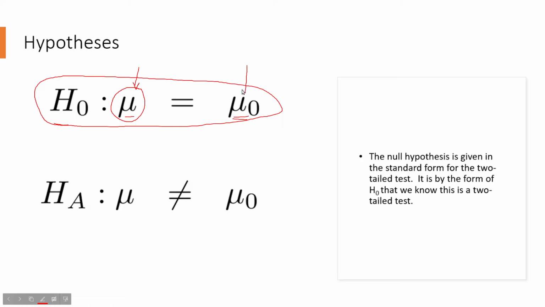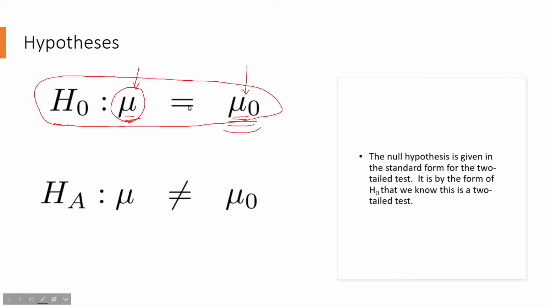This mu naught is a stand-in for a particular literal value. When you write this down, this will be a 4, a 12.1, 38.6, whatever.